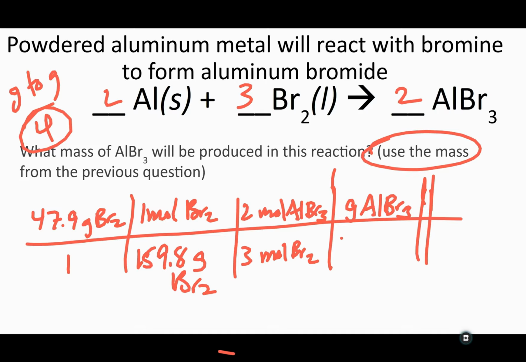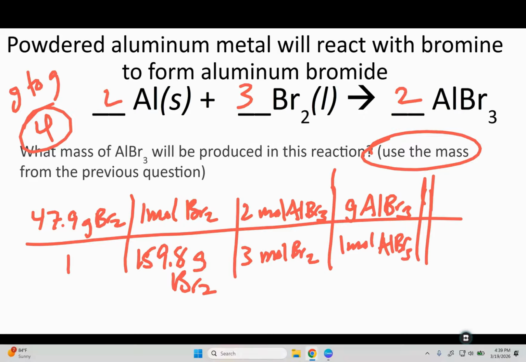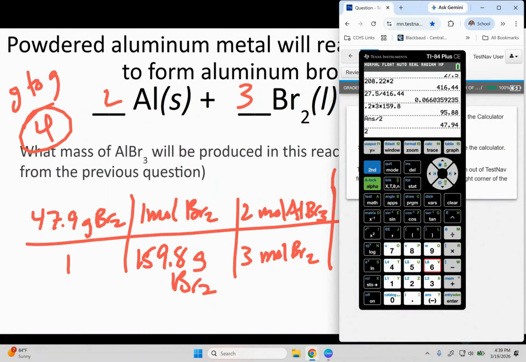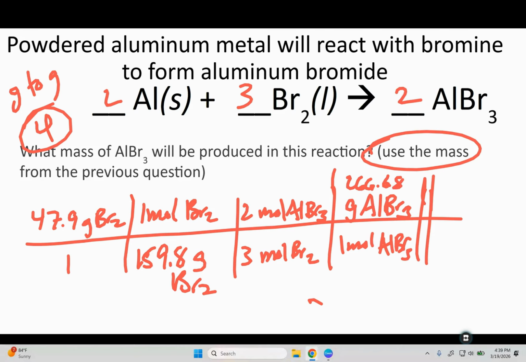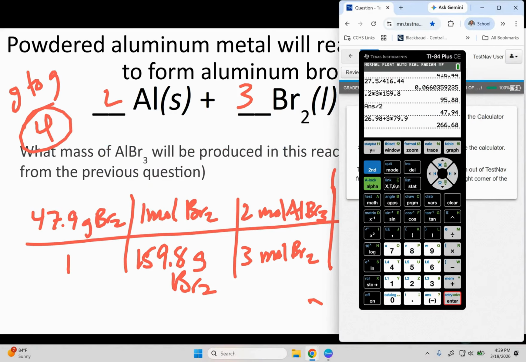Then I'll convert that over to grams of AlBr3. Molar mass. So it's going to be 26.98 plus 3 times 79.9, 266.68. So I multiply across. 47.9 times 2 times 266.68.